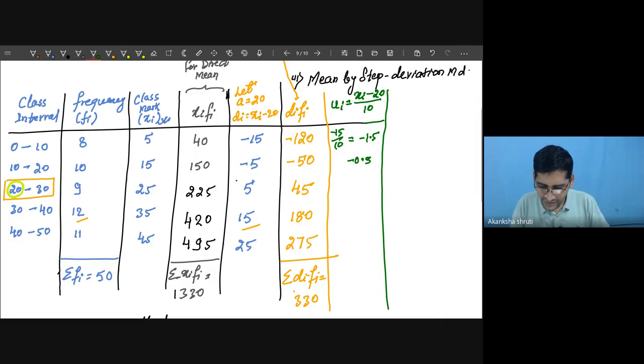Student, this 5 di, and it is to be divided by 10. It is not adjusted with f or anything else, but this 10. So this 5 is divided by 10, it becomes 0.5. Next one is our 15. This time this 15 has to be divided by 10. So it becomes 1.5.